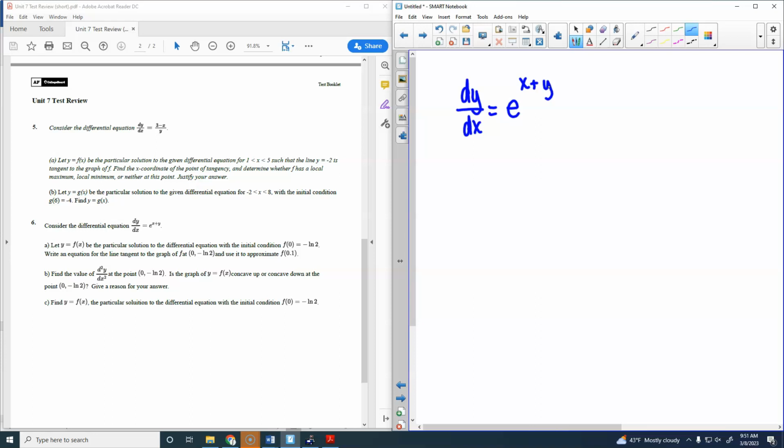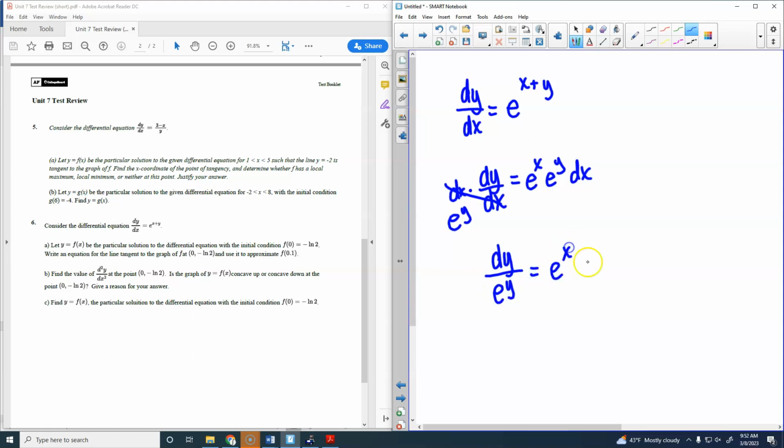How are you going to separate that? Very good. You're going to have e to the x times e to the y. Then you can multiply by your dx and divide by that e to the y. You're going to get dy over e to the y equals e to the x dx.